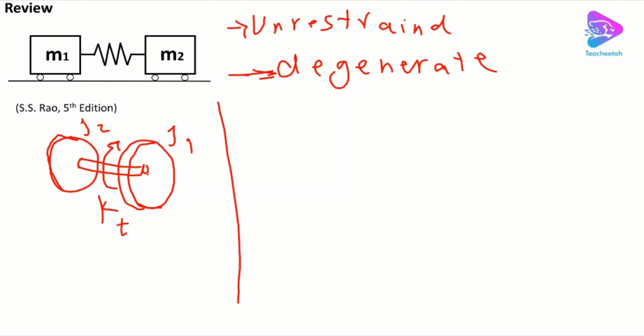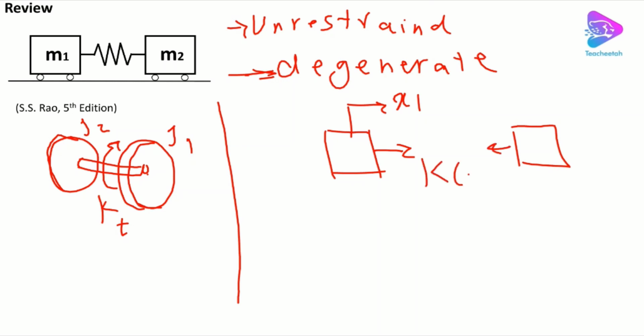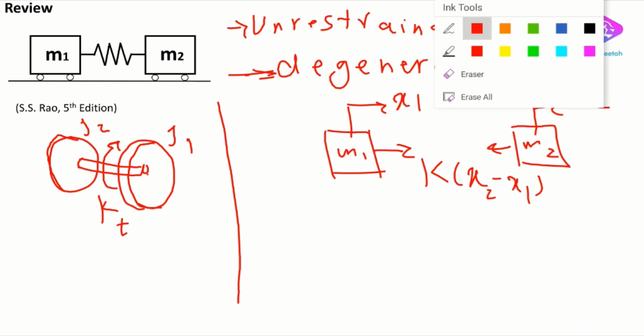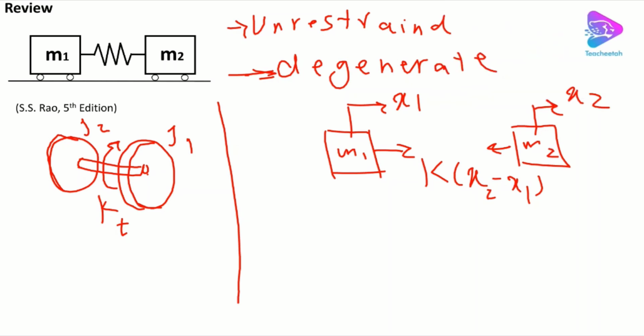To find the equation of motion, same as other cases, we can give, for example, x1 this way, then we have a force in between which is k(x2 minus x1), and x2 is here, so we have m1 and m2, and then we can use Newton's law for each mass.